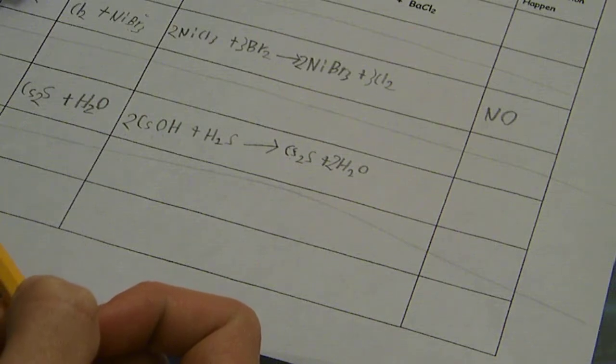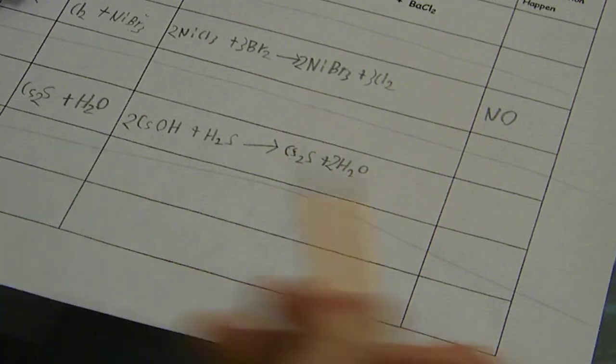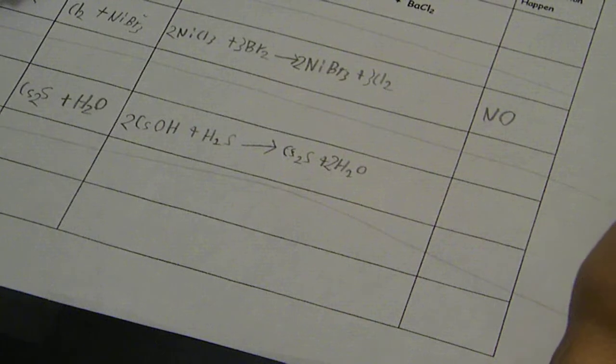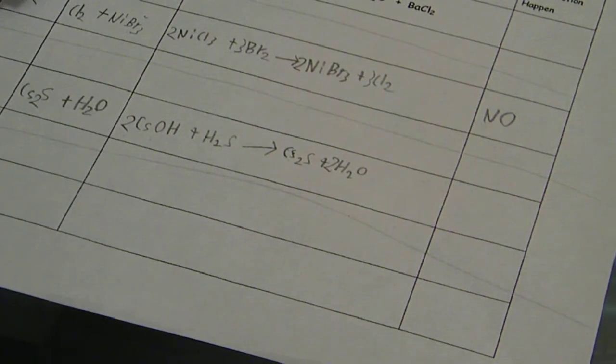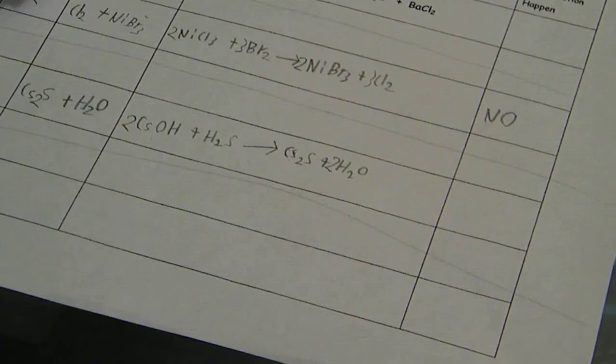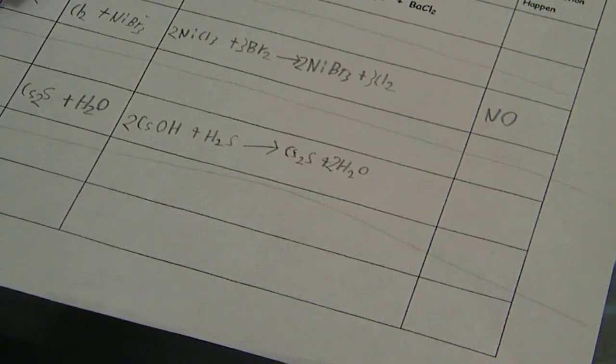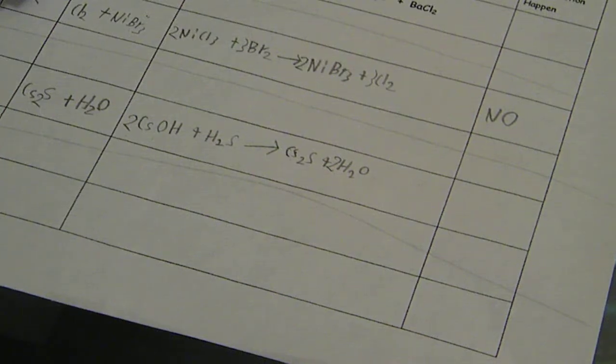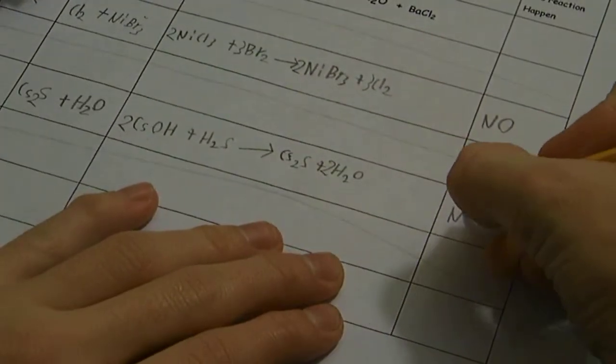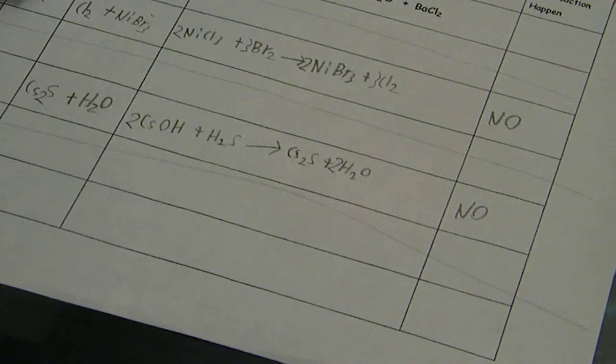I'm not sure what you do here, but I'm pretty sure since none of those are going to form a solid, the answer will be no, since a new precipitate's not formed.